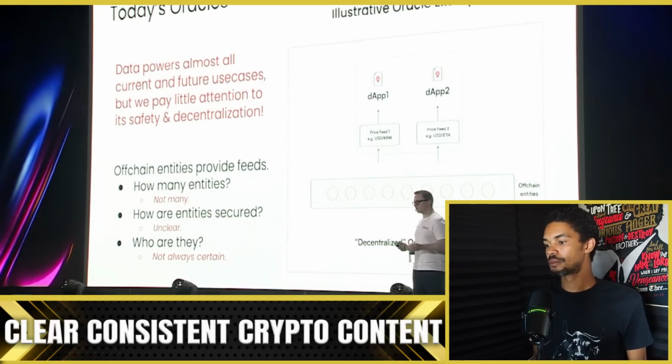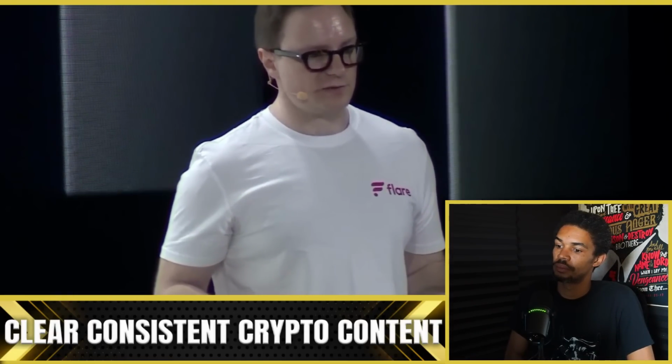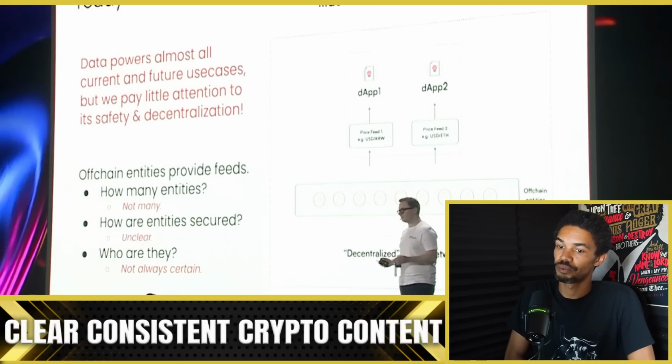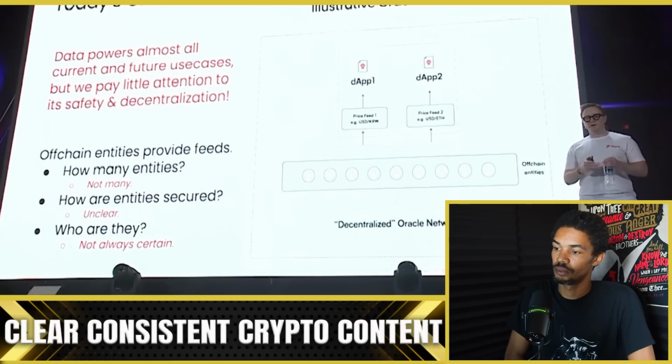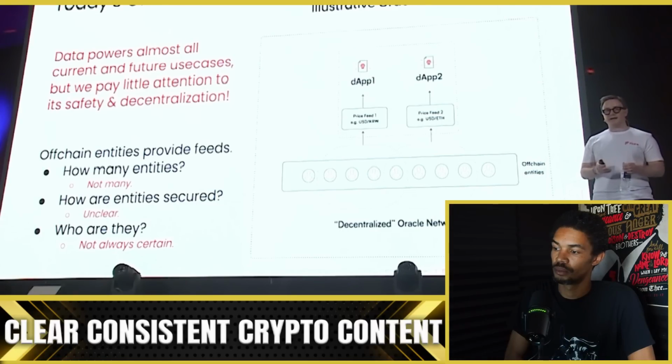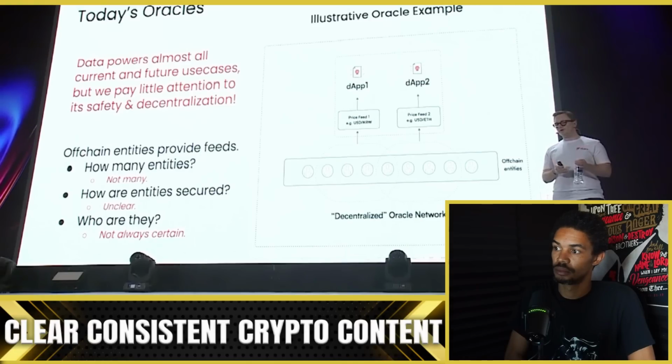Well, firstly, 9 off-chain entities is not many, and this is an example. But in reality, it's only 31, which is still very few. Secondly, what is securing these off-chain entities? In reality, that isn't clear. There's no well-defined economic security for almost all of the oracles out there. Who are these entities? Well, for many price feeds, that's also not clear. And lastly, if you're a developer, you're faced with the uncomfortable situation where a popular price feed may have many contributors, but the price feed you need may have very few.